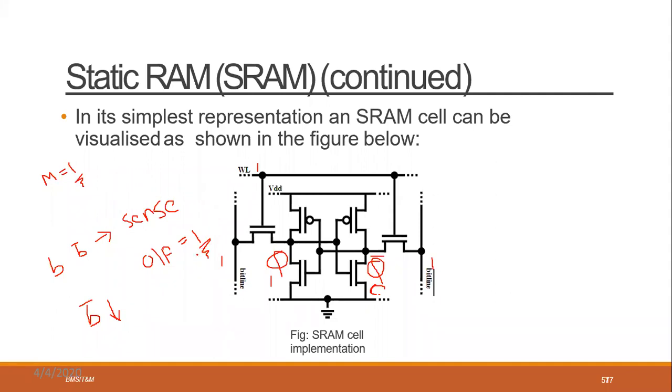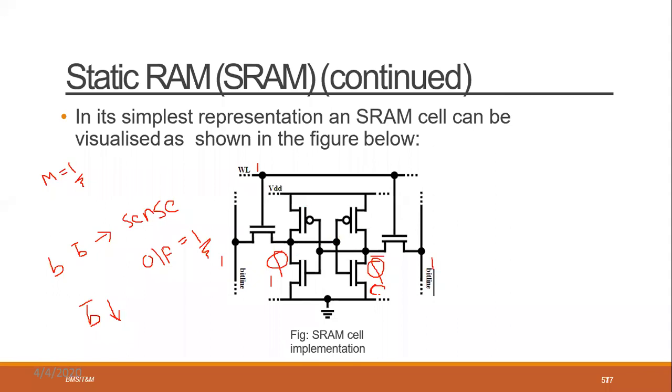Is it clear? How we are getting 1? Both bit lines should be made 1 to read data from this memory.